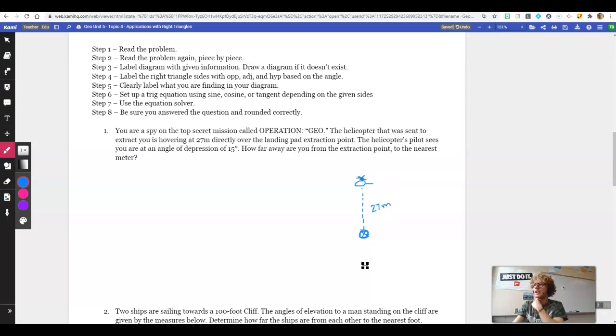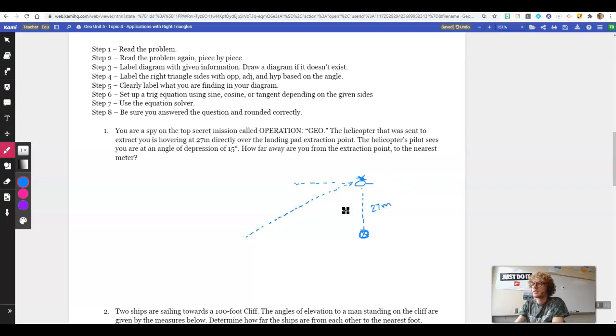Okay, we are creating our own diagram. That's okay. And you are somewhere over here, and the helicopter's pilot sees you at an angle of depression of 15. So now the helicopter's pilot is up here, of course. From the horizontal, they see you at an angle of depression of 15 degrees.